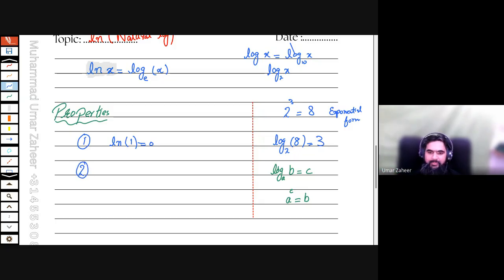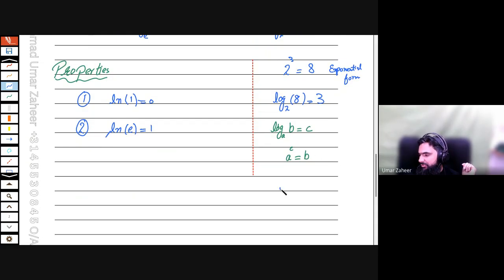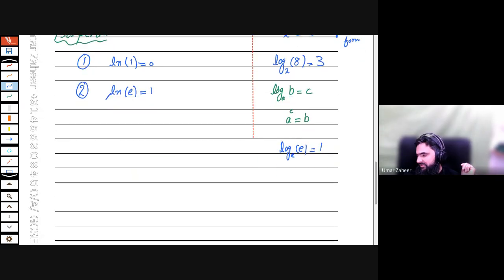Second rule, if you are going to be taking the natural log of e, we know that the natural log is basically with base e. You are taking the log with base e of e, that is always 1. For example, if I'm just going to convert it, the natural log of e is equal to 1. What does it mean? We have e power 1 is equal to e.